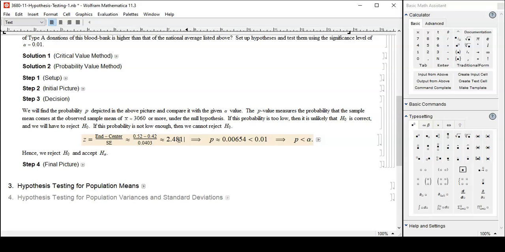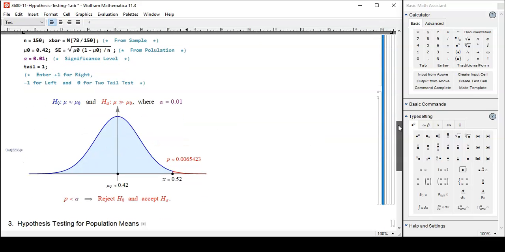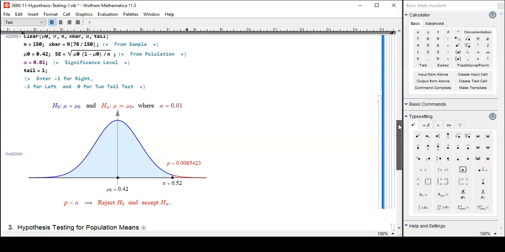If you look up the Z table, go up to 2.48, and you're going to get appropriate probability. As a matter of fact, here I used mathematical computations, so I have 6 decimal digits. But if you look up the Z table, you're going to get only 4 decimal digits. In any case, it's less than 1%, you can see that. And therefore, probability value is less than alpha. Less than alpha, alternative wins. Null loses.